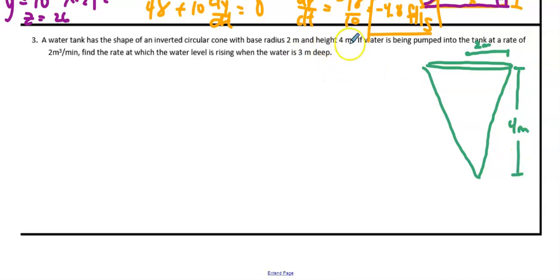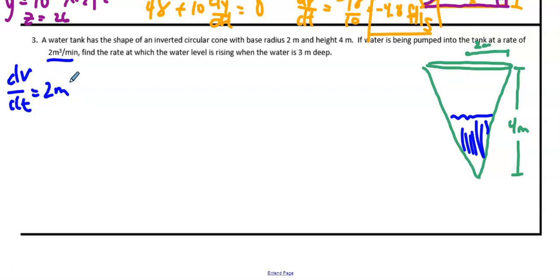Okay. The water is being pumped into the tank at a rate of 2 cubic meters per minute. So we know based on the fact that there's a cube here that that's a change in volume.